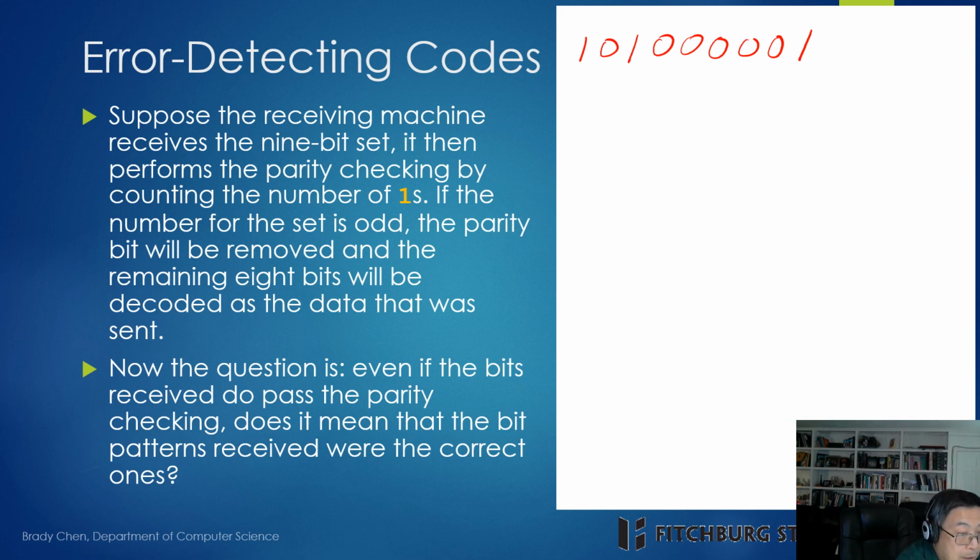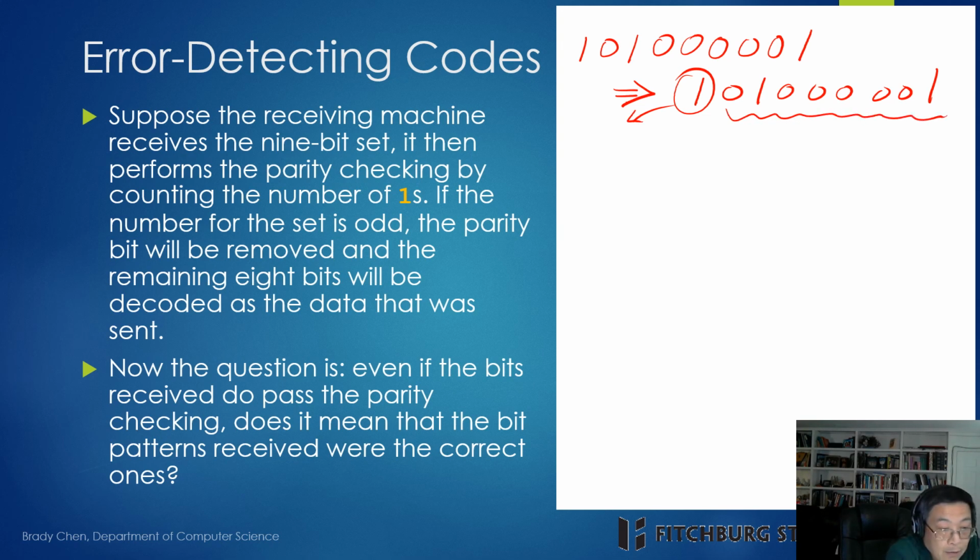So now if the receiving side receives the correct bits, it just checks the number of ones and finds out it's an odd number, so I'm going to remove the parity bit and take this as the correct result.